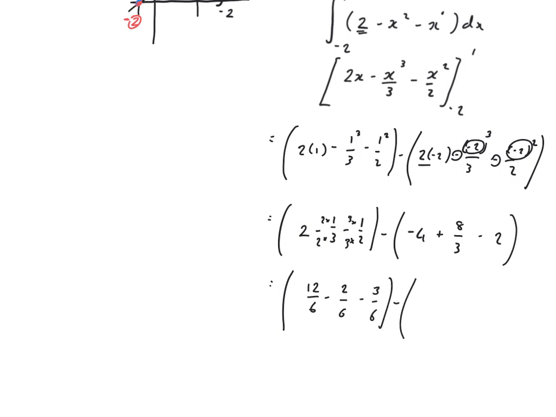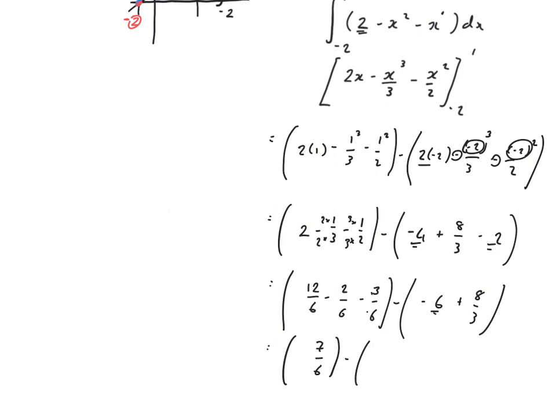Minus, open up. Let's write things in thirds, but collect these together first of all. So minus 4 minus 2 is minus 6 plus 8 over 3. Okay, so 12/6 take away 2/6 take away 3/6 is going to be 7/6 minus, open up.